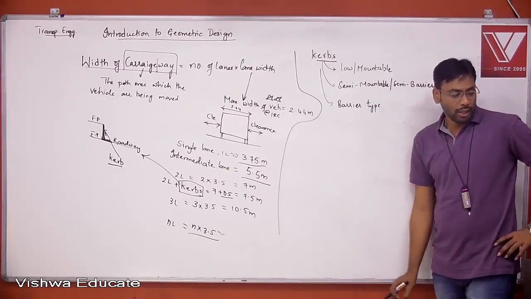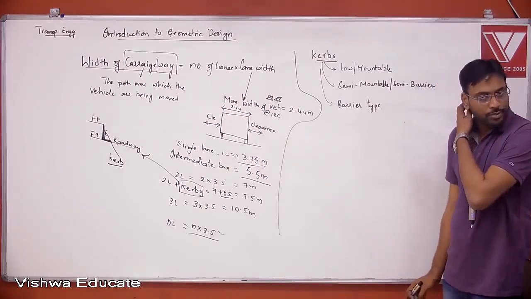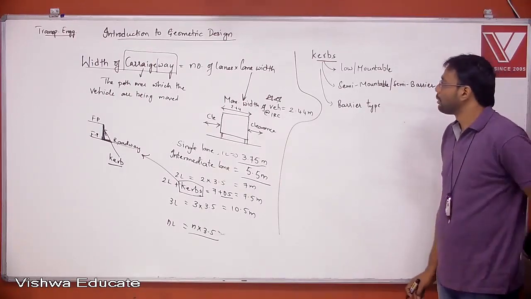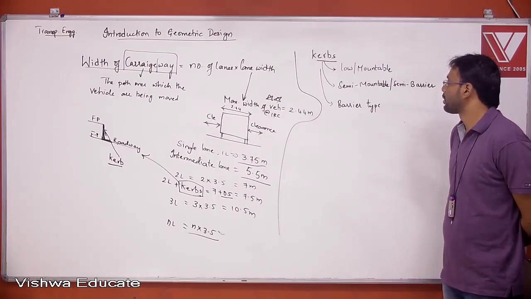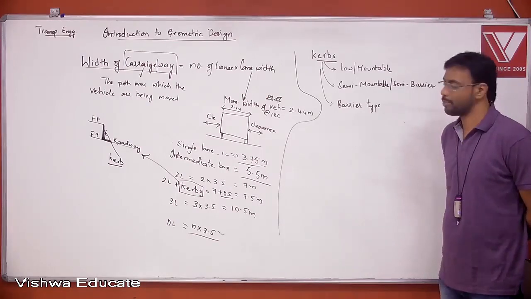So these are the different types of curbs: low or mountable, semi-mountable or semi-barrier, and barrier type curbs.